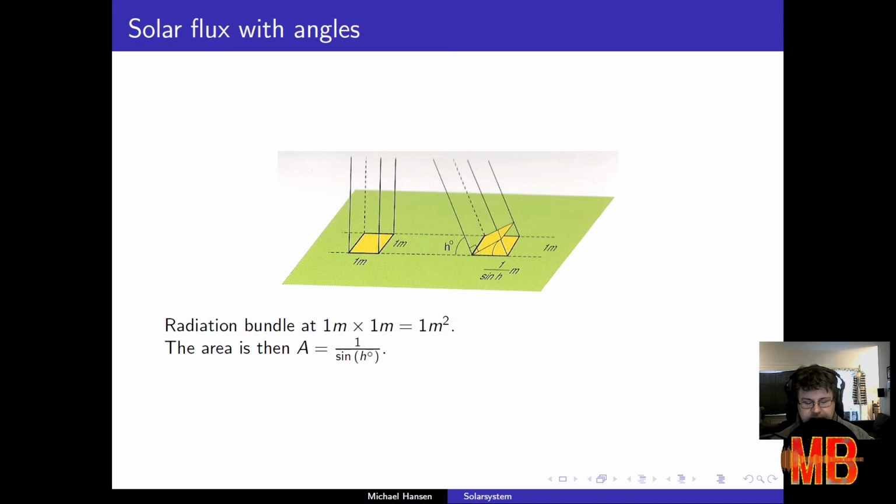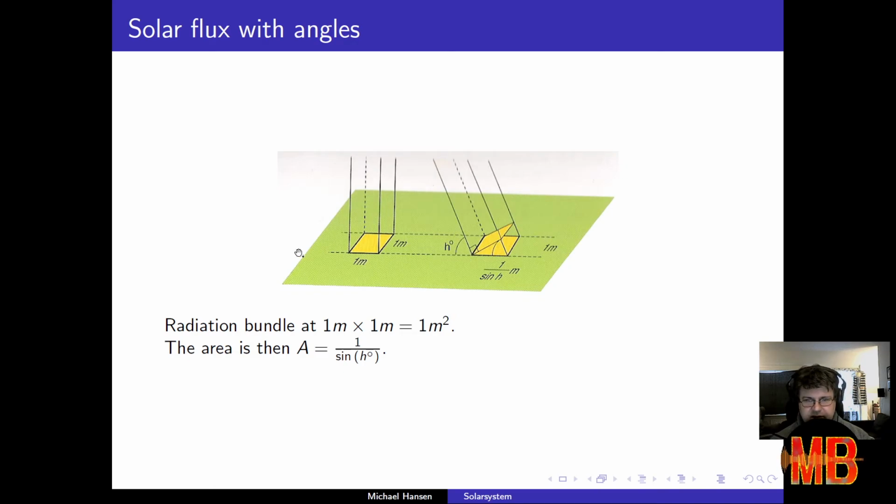Let's take 1 over... I need to see how it's defined, right? So in this case here, we have the h in degrees is 90 degrees. So we need to take 1 over sine of 90 degrees. We get 1, which is what we expected. And again, if we take it to 0 degrees, we don't get any, and that makes perfect sense, right?